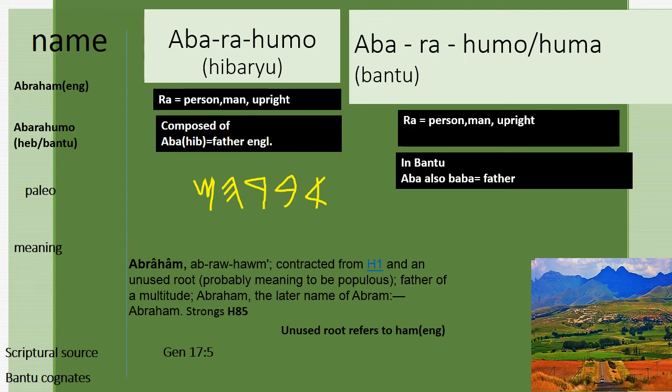Now, the homo issue, which is an unused root. In Bantu, we know it is not unused, but it is an ancient word that was unused in scripture, but that continued to be used by the people of the book. Now, this homo in Bantu means much possession, rich in possession, unending possession, huge possessions.